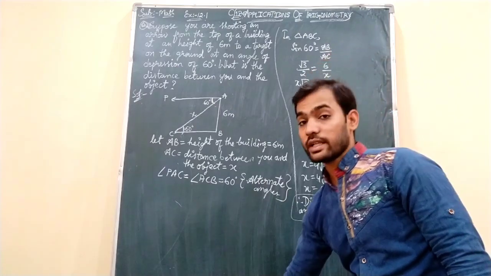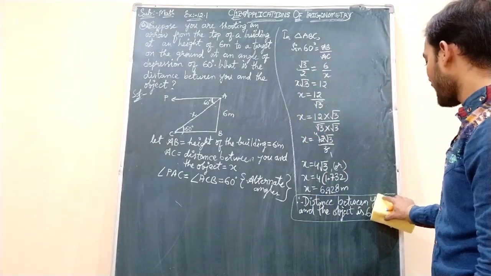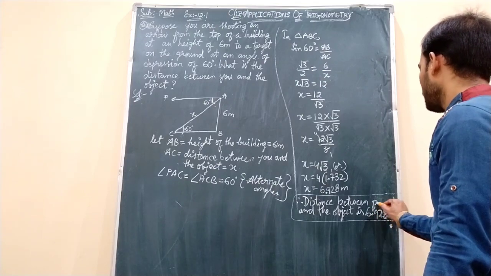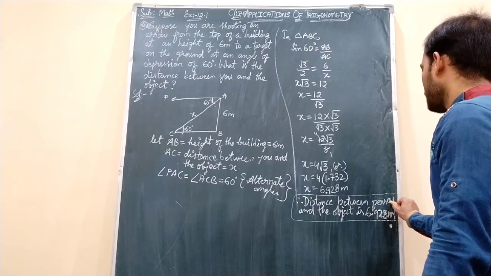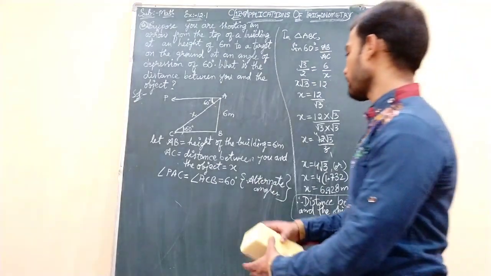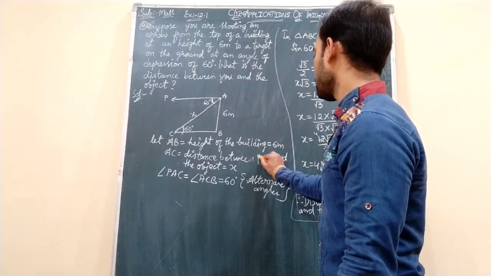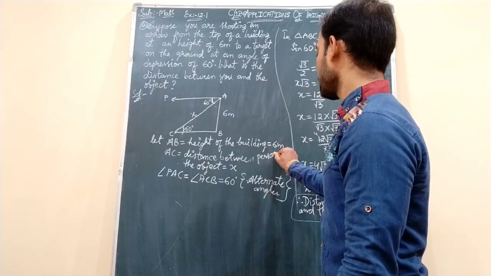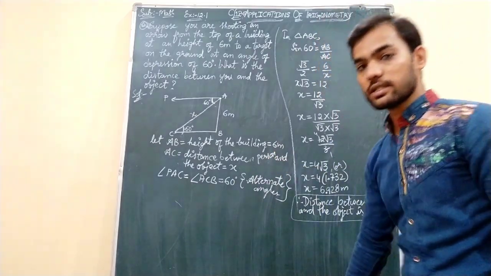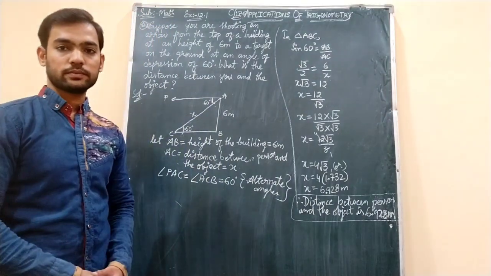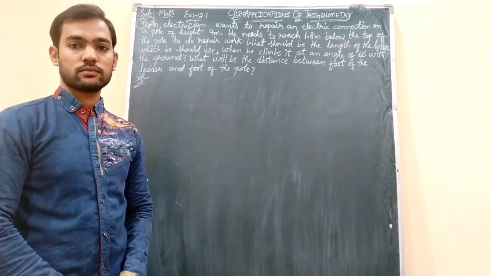We'll do one thing, students. Instead of this U, we will write person, because it may be anything, person or observer. It's good if you write. So instead of U, we will write person. Distance between person and the object. Okay, students? So note down this one, then we will do next question.